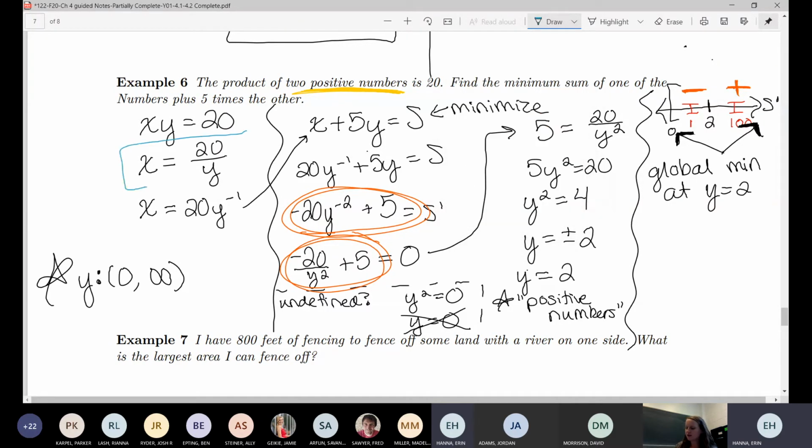How am I going to find out what x is? Well, I know what x is in terms of y. So I can use this relationship from way back in the very beginning to say, okay, well, if y is 2, then x equals 10, which is coming from 20 over 2.